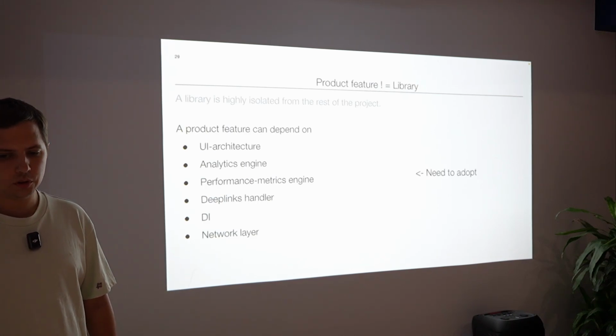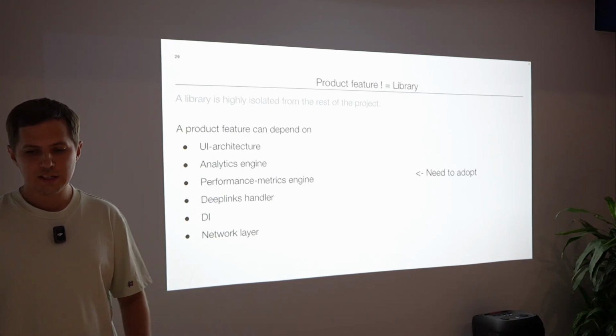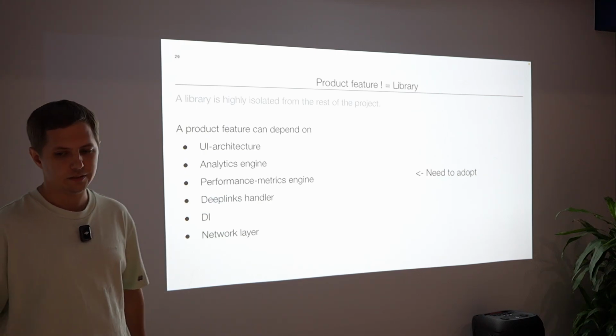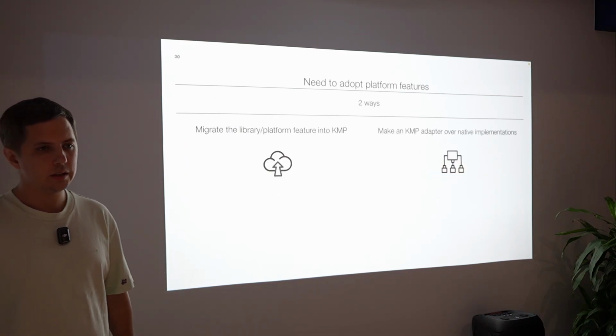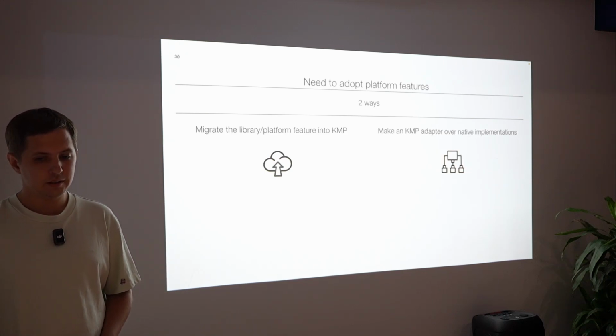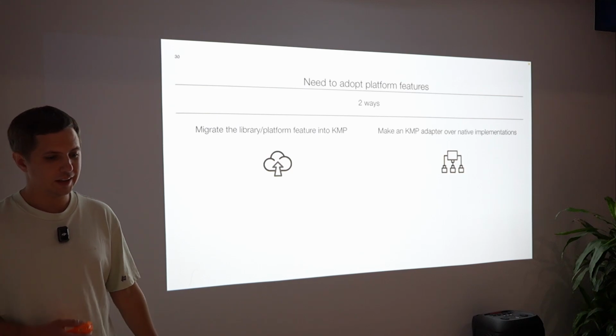And to adopt a product feature in KMP, you need to firstly adopt most of this platform functionality in KMP as well. And you can make it in two ways. So one of them is obviously to migrate these libraries into KMP, but it's the harder way.